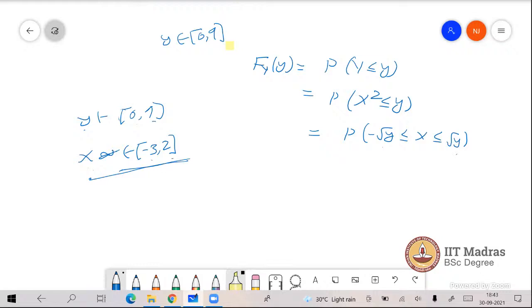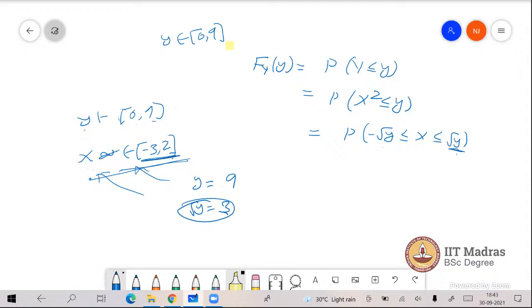Will minus root y and root y always be inside the range of x? Minus root y, yes, will always be inside the support of x. But plus root y need not be. If y is, let's say, 9, then root y is 3, so this need not be in the support of x, because the support is restricted to 2 only.